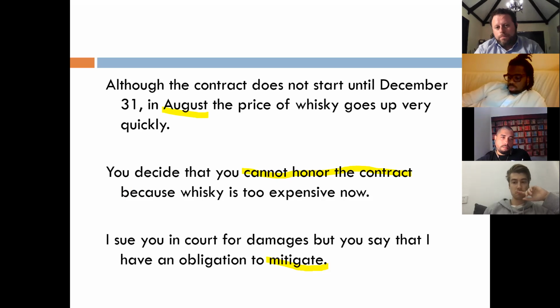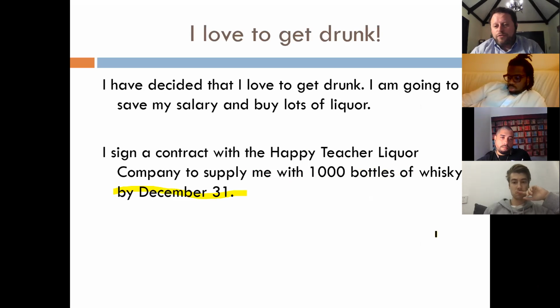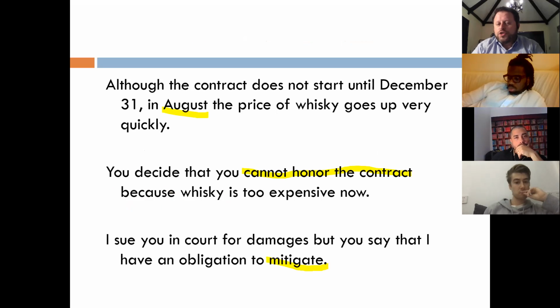But here's the problem. I don't have to until December 31st. We made a contract for you to sell me this on December 31st. You can't turn around 3 months earlier and say, oh, I've decided I'm not going to keep my contract. I mean, that's what you're saying.